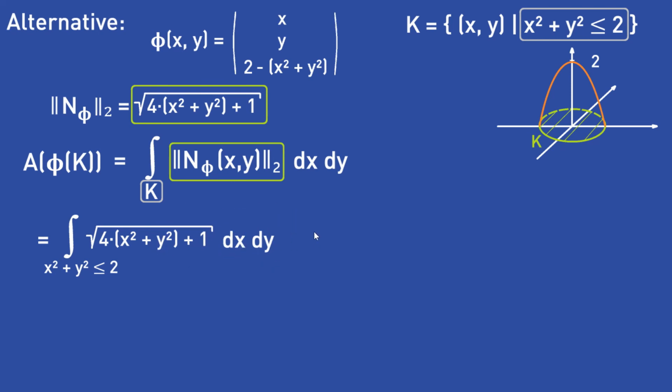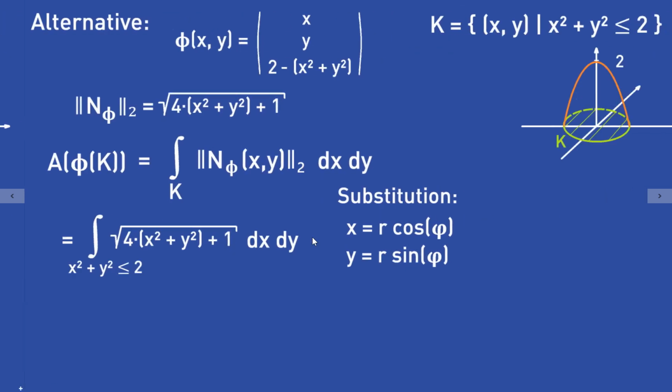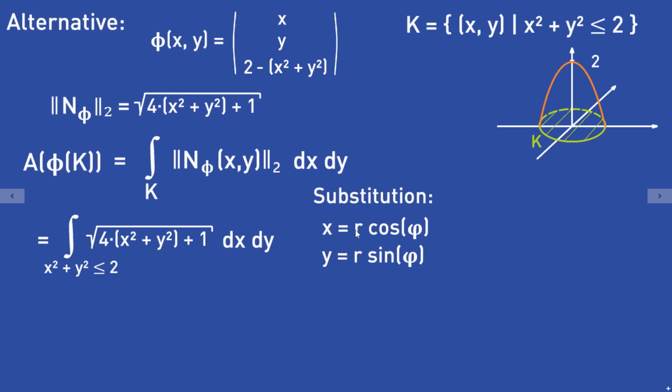And now you want to substitute polar coordinates for x and y to solve this. So you write x as r times cosine of phi and y as r times sine of phi. And now you substitute for x and y that here.